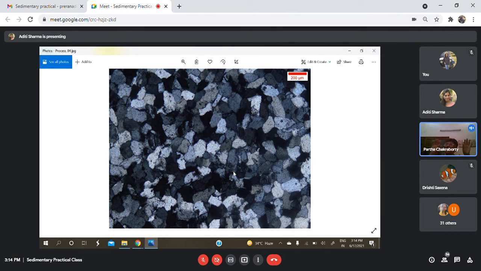Though both the earlier slide and this slide are mineralogically quartz, you can see the difference between the two. In both cases the sorting is good, but in the second case the grains are not so rounded. Basically, higher compaction is not allowing the cementation to happen.